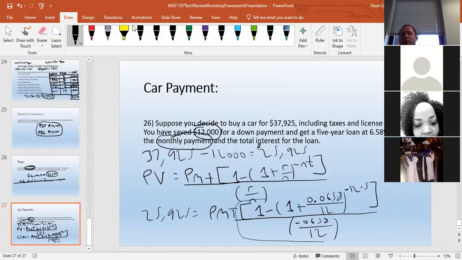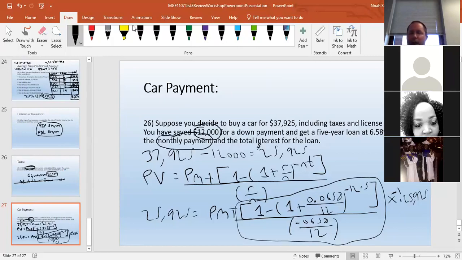You put all this whole side in, get that, and then you take the X to the negative first power button and you multiply it by 25,925. So I'll let you all try to do that, and let's see if we can calculate what the monthly payment would be. And I'll go ahead and do it on my calculator.